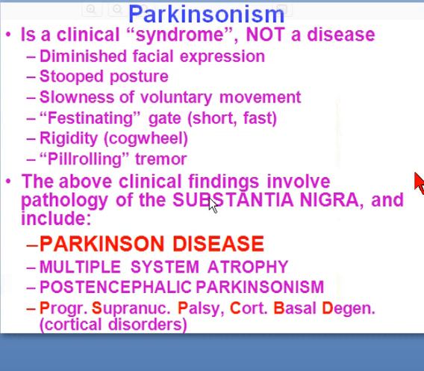And if you remember from your neuroanatomy, even if you're just looking at pictures, you always came across a pigmented area in the midbrain called the substantia nigra. That's why it's called substantia nigra, because it's pigmented black.